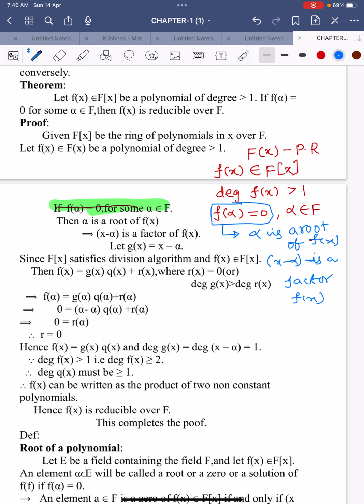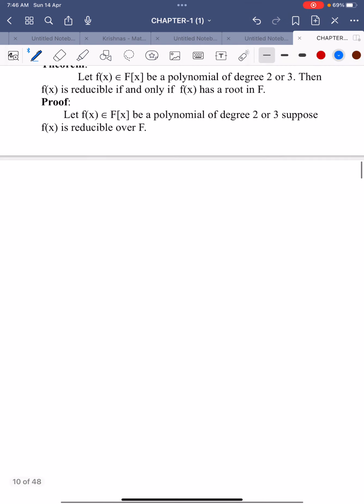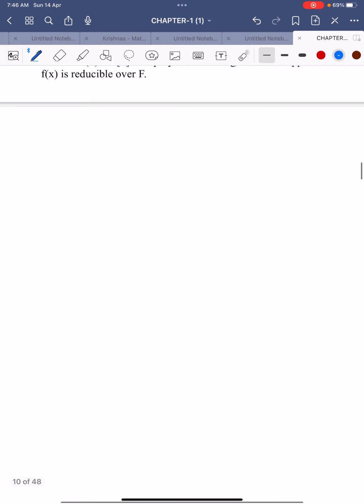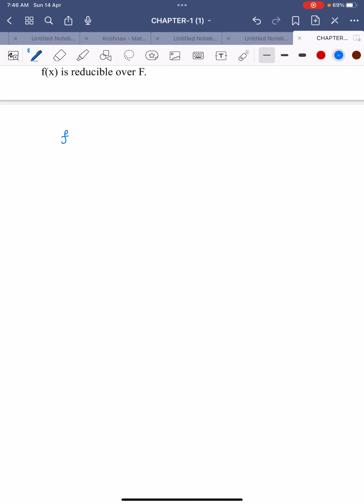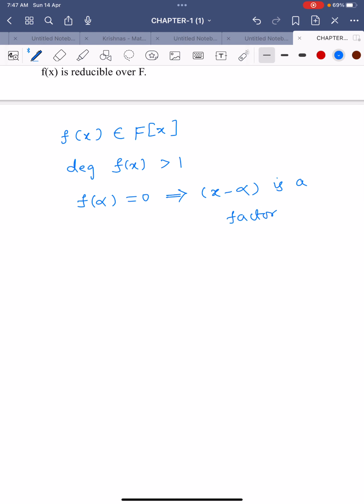Let us see. f of x is a polynomial defined over capital F of x, and the degree of f of x is greater than 1, and f of alpha is equal to 0 for some alpha belonging to F. If f of alpha is equal to 0, then x minus alpha is a factor of f of x.